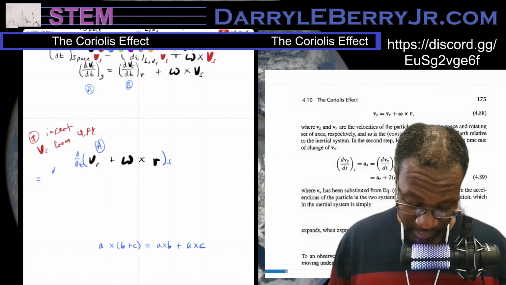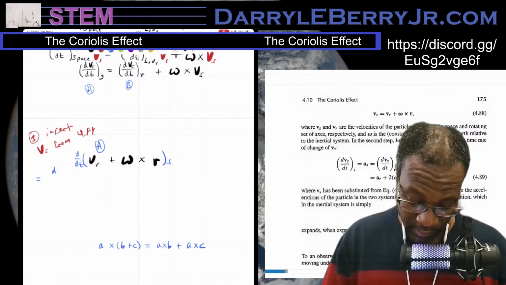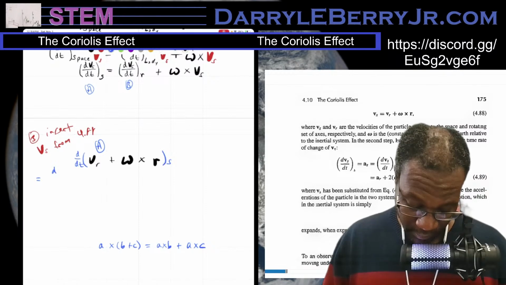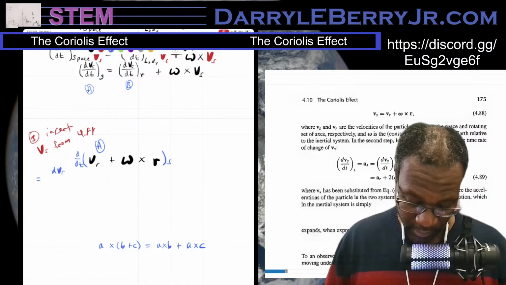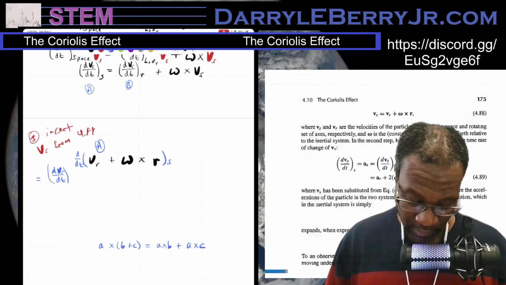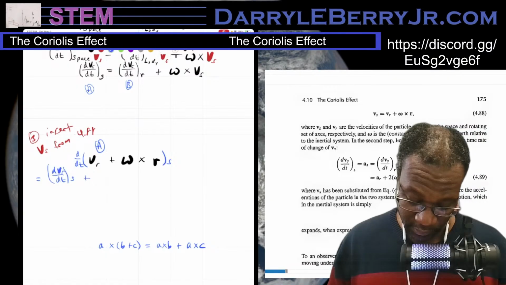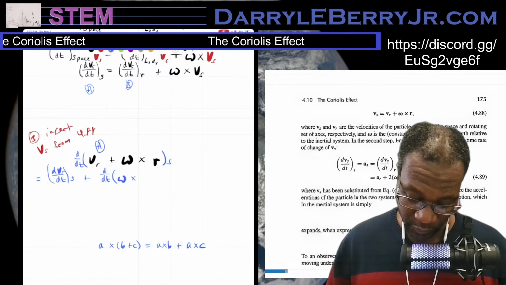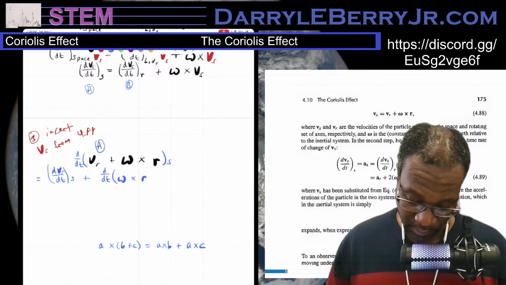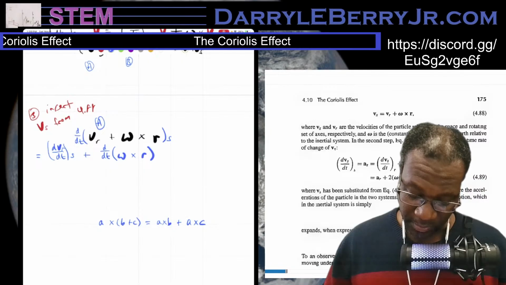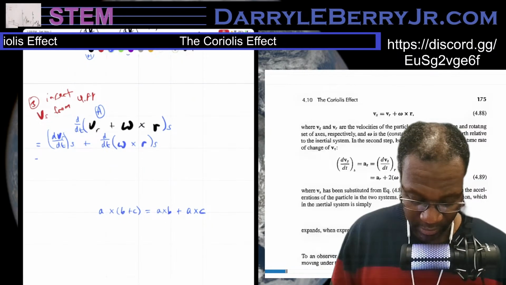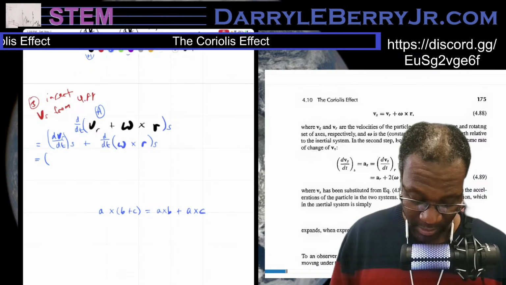That equals d V_R over dt_S plus d/dt of this whole thing. And when you're multiplying a cross product with a scalar, we can treat the d/dt like a scalar.